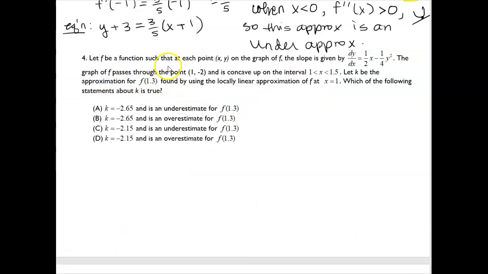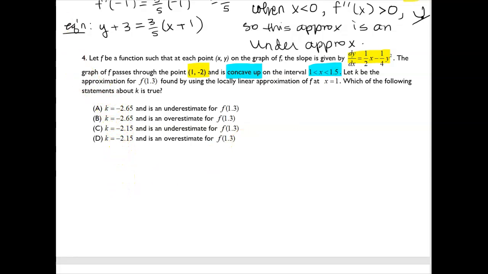Number 4, it tells us that we have a function f, and it tells us our slope, dy dx equals 1/2 x minus 1/4 y squared. So our original function is probably implicitly defined looking at that derivative. We have the point 1, -2, that's important. And it tells us that our graph is concave up on that interval from 1 to 1.5.